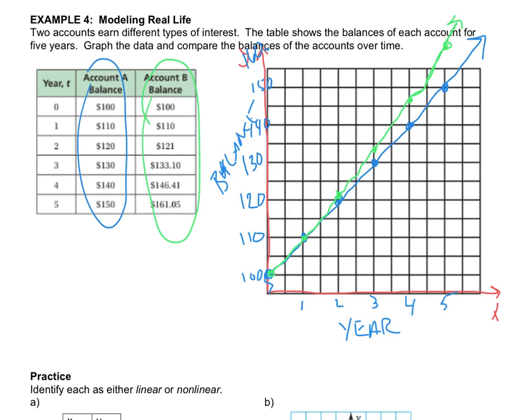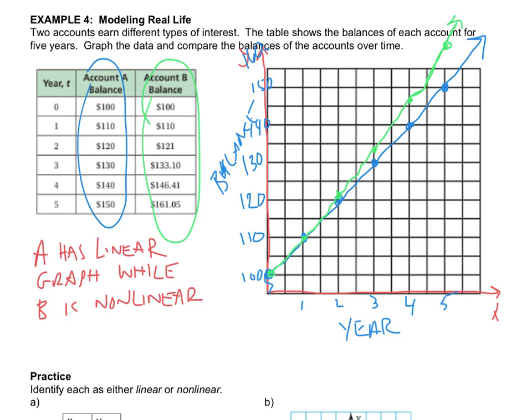So then it says to compare the balances over time. So we're just going to simply write this as: A has a linear graph while B is nonlinear, and B is earning more as time goes by.